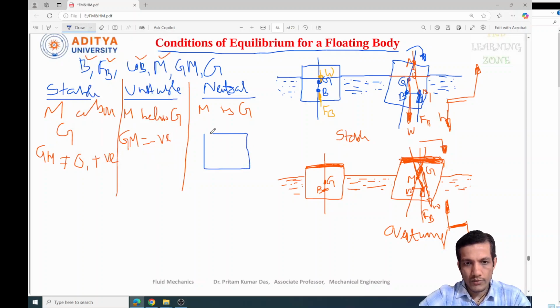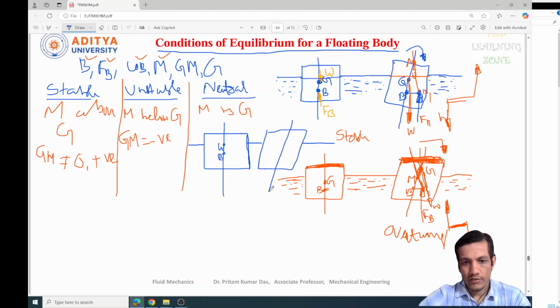Suppose this is the initial condition, this is the G point and this is the B point. Even after turning, in some condition the M point and G point both meet at the same level. Suppose after turning, let's draw something like this.